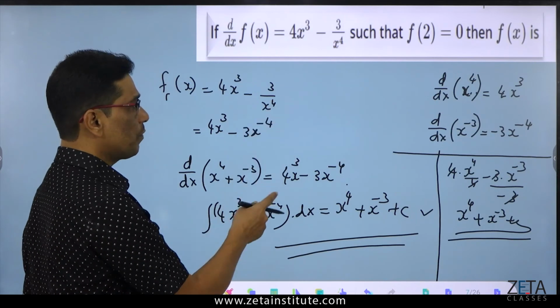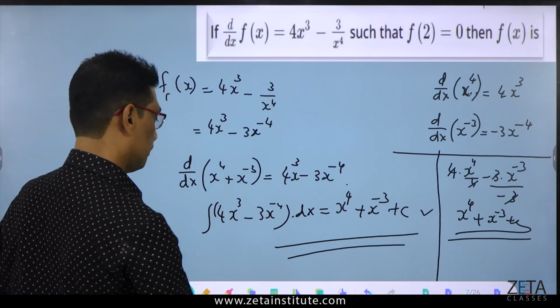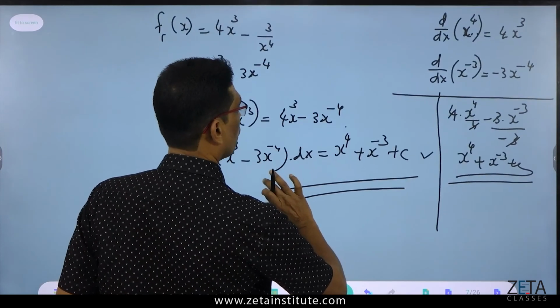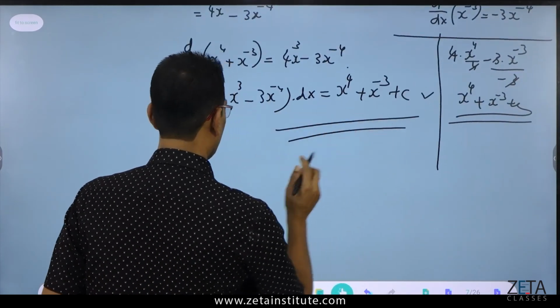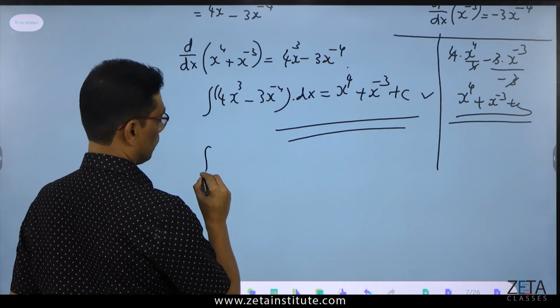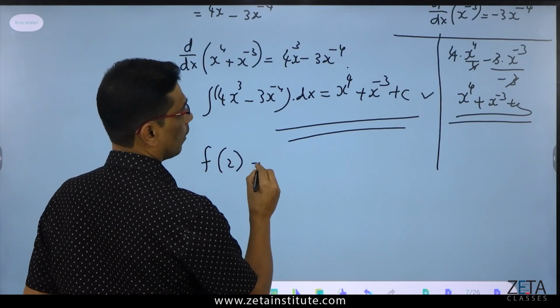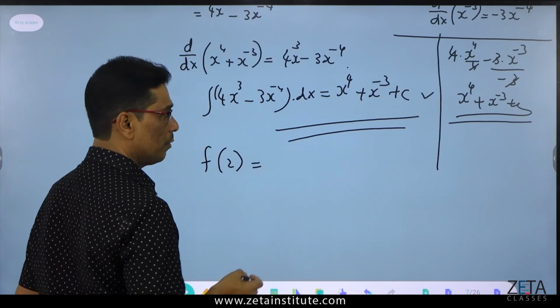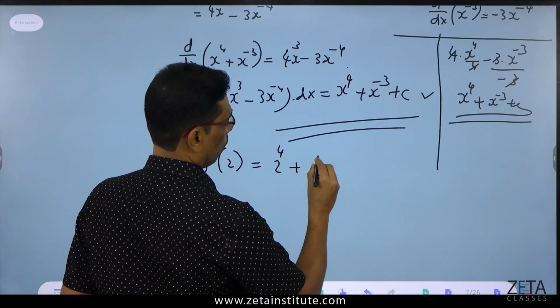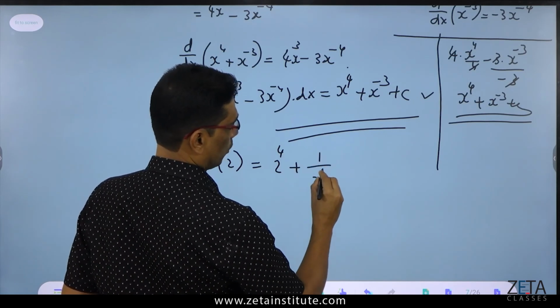Next we need to find the value of f of 2. F of 2 means we substitute the value: 2 raised to 4 plus 1 by 2 raised to 3.